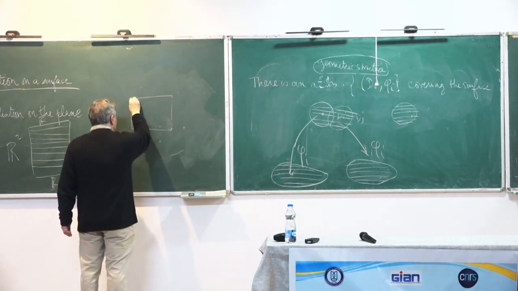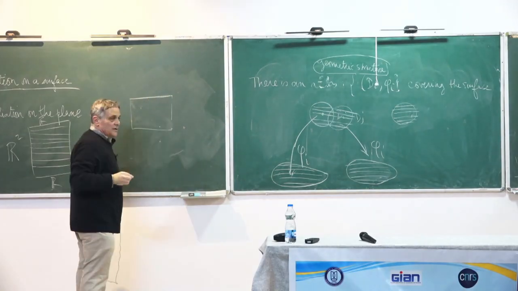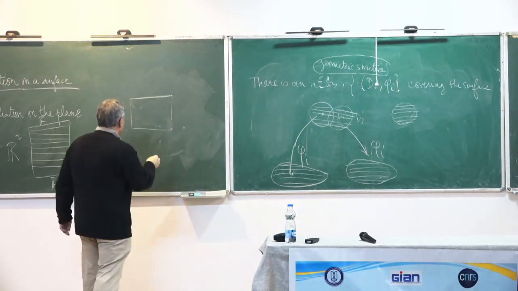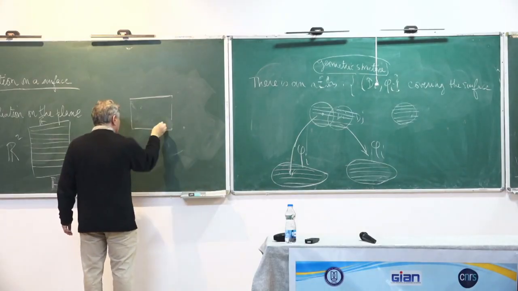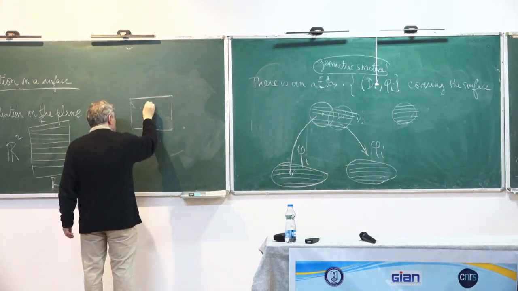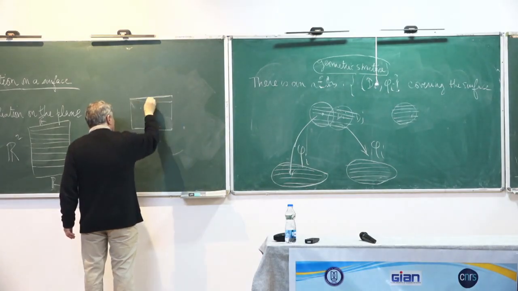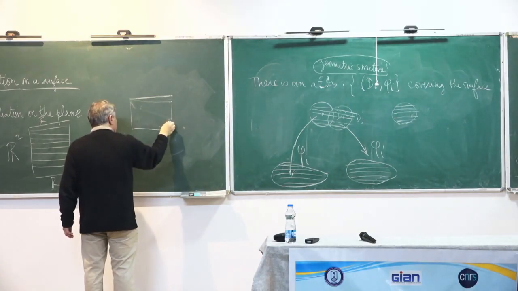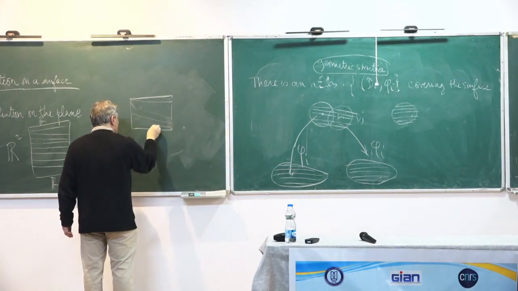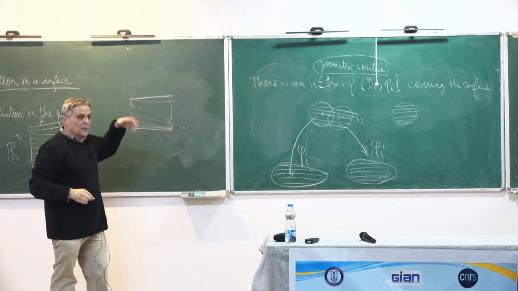I want this to be a closed curve of my foliation, and I want this a closed curve, and then I want the lines of my foliation to spiral around this one, and here to spiral also around this one. This one will come here, and then it will continue like this.